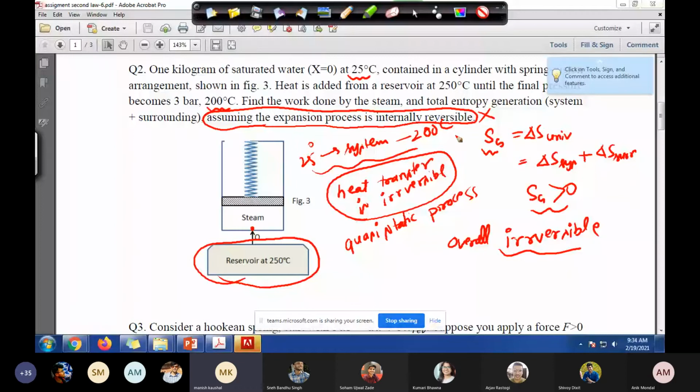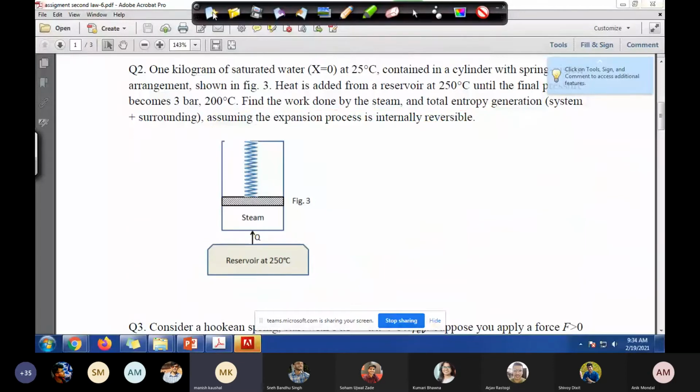But still, if I ask you forcefully, assume that the expansion process is internally reversible, how will we proceed? Can anyone tell me what logic we should give? What should we do, Sneh? Still, I want to keep the process internally reversible. So right now, heat is passing.